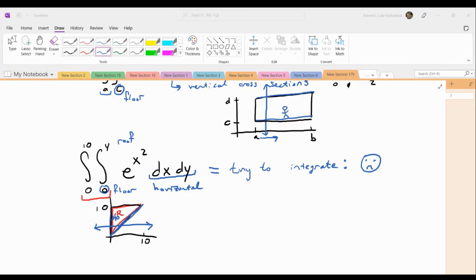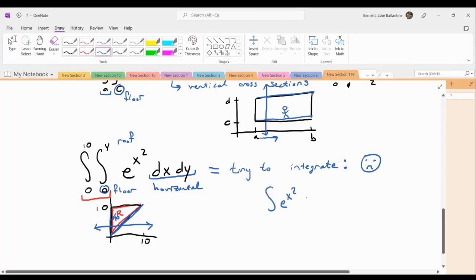He doesn't know how to integrate it, so he's sad. And he shouldn't be sad that he doesn't know how to integrate this function in particular, because no one can do it.